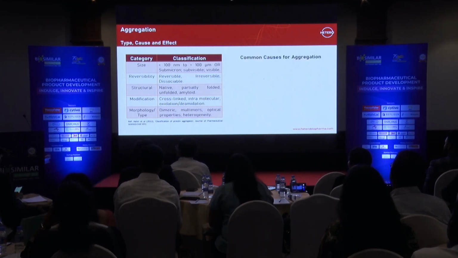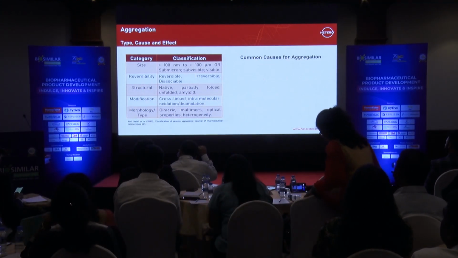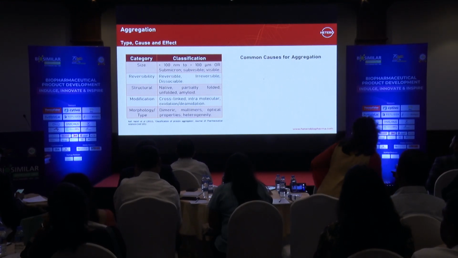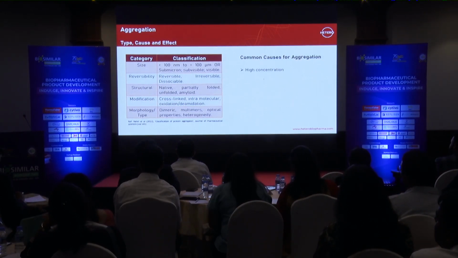People who have been working in the industry, my industry friends, would know most of the causes of aggregation, but we will go through some of the very important and bare minimum reasons, and we'll also see some data around it in the subsequent slides. A very important aspect is high concentration.